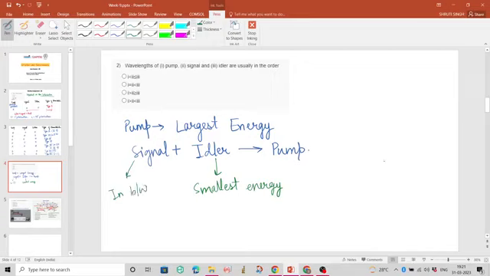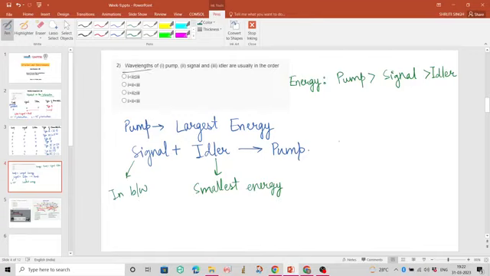So if we classify them in the order of energy, we will have pump greater than signal greater than idler. In the question it is asked about the wavelength.